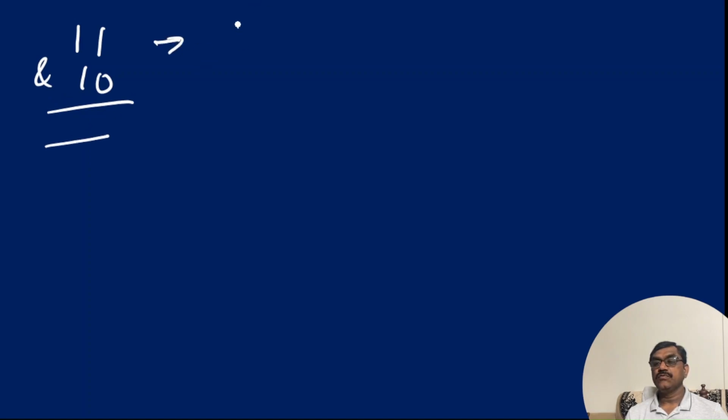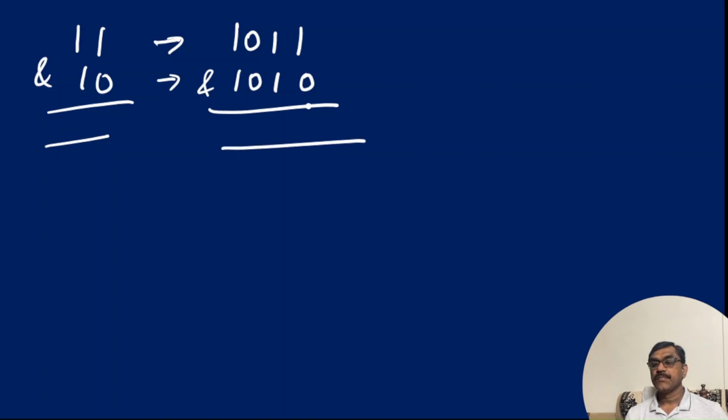So the example we have given is 11 and 10. 11 is converted into 1011 and 10 is converted into 1010. Now you apply bitwise AND.